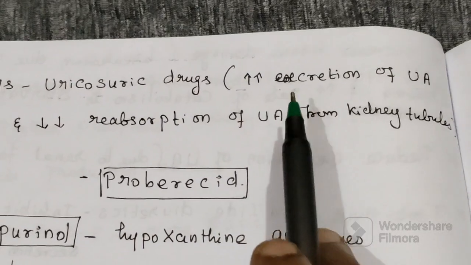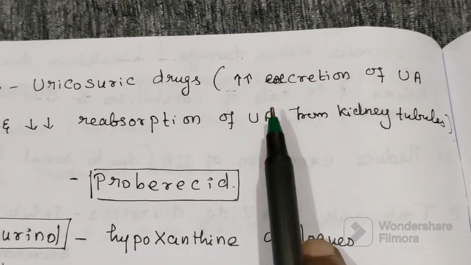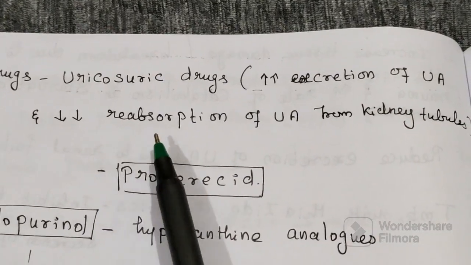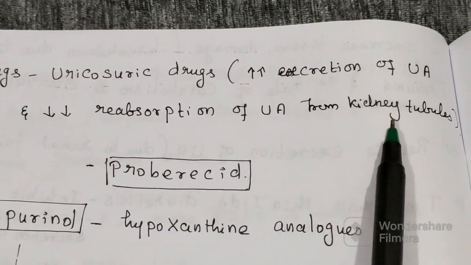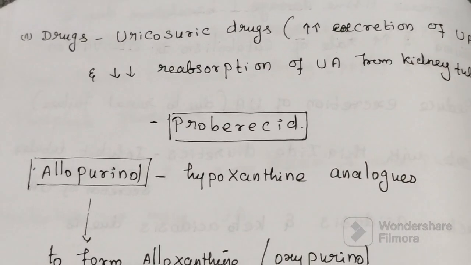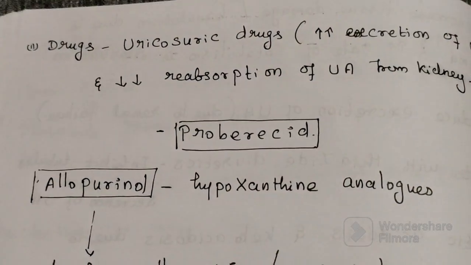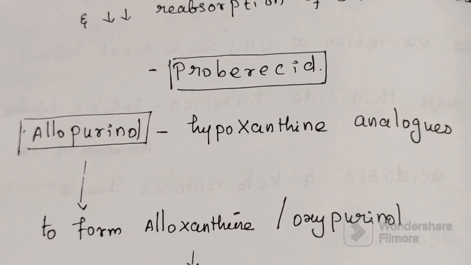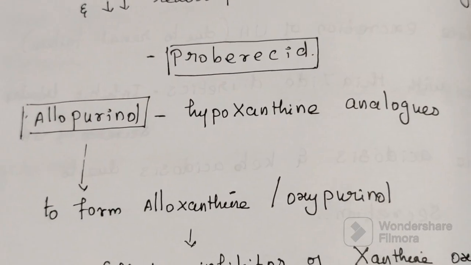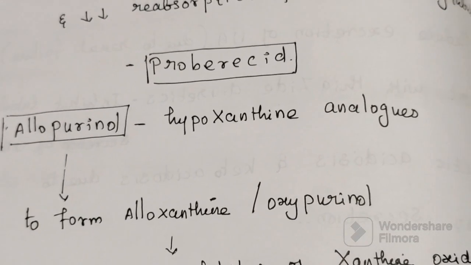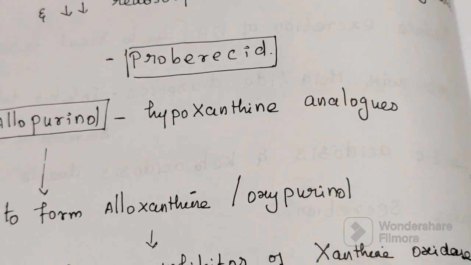Some drugs are probenecid, then allopurinol. Allopurinol is a hypoxanthine analogue.